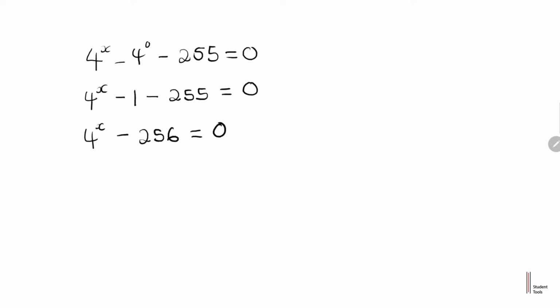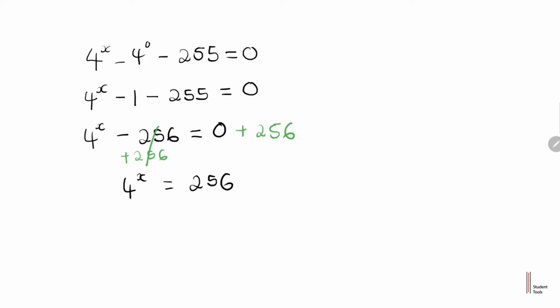So we will have to take the minus 256 from the left-hand side to the right-hand side. We will do that by adding 256 on this side, also on this side. So this will be 0, such that 4 to the power x will be equal to a positive 256.